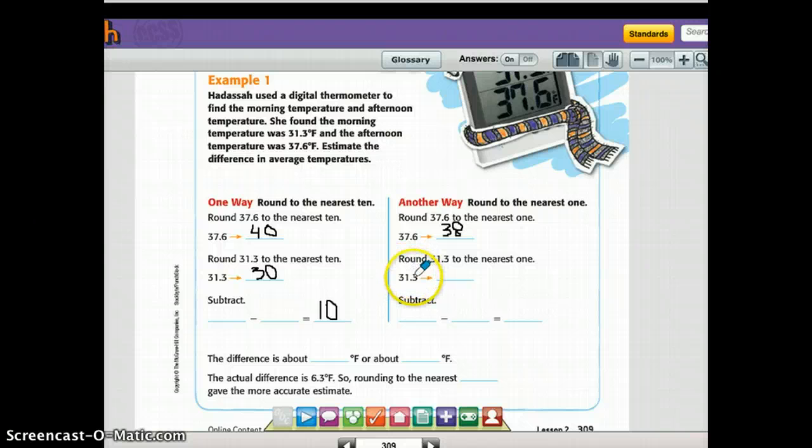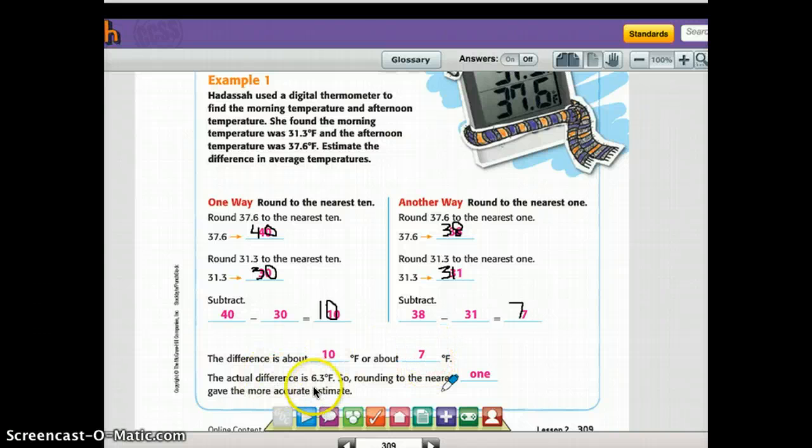That 3 is below 5, so it tells me to round down. So I'm going to round down to 31 instead of 31 and 3/10. Now I can more easily subtract, and 38 minus 31 gives me 7 degrees Fahrenheit. So the difference is about 10 degrees Fahrenheit or about 7 degrees Fahrenheit.